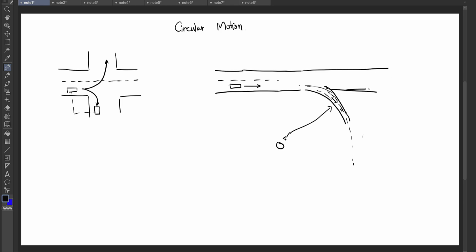Or there's another kind of exit with a different radius, but let's say your car is exiting here and then goes in the other direction, in the same street here.